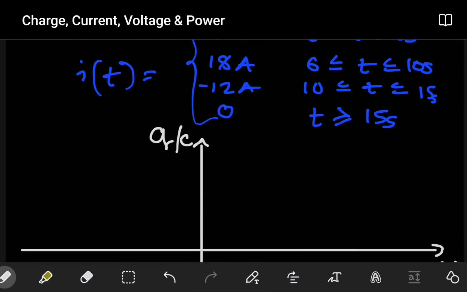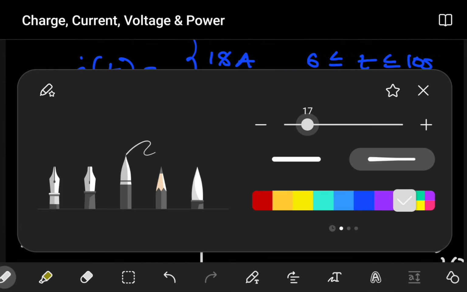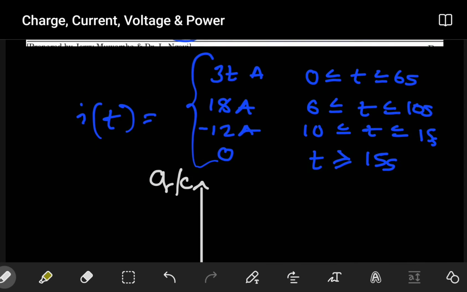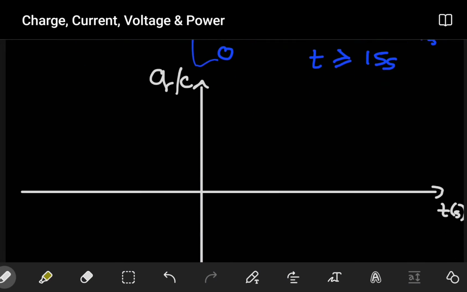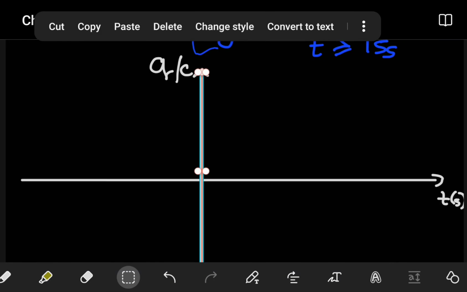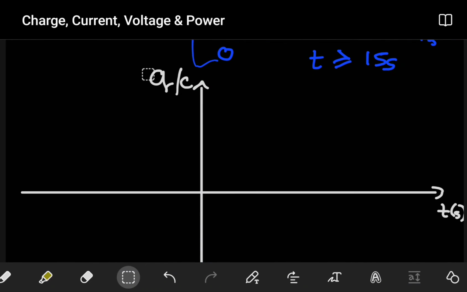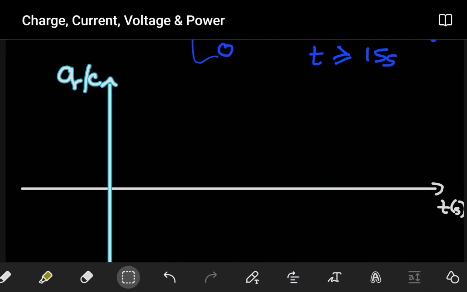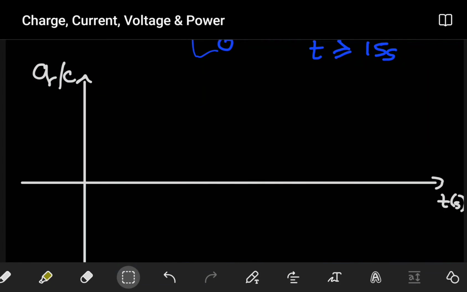So we can actually even define our critical points or our intervals. Let's move this a little bit so that we can utilize as much of this as possible.